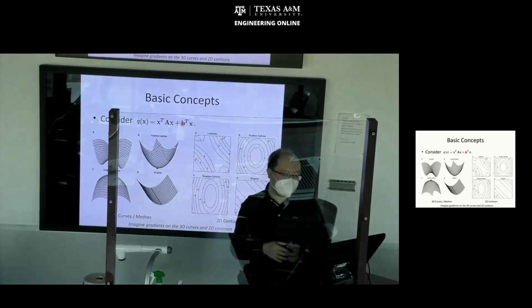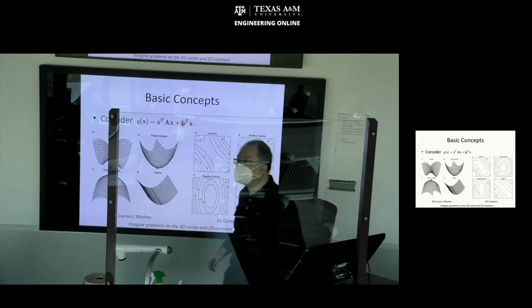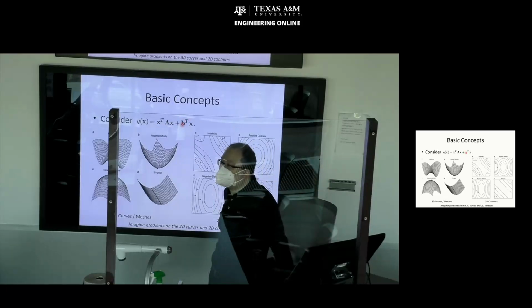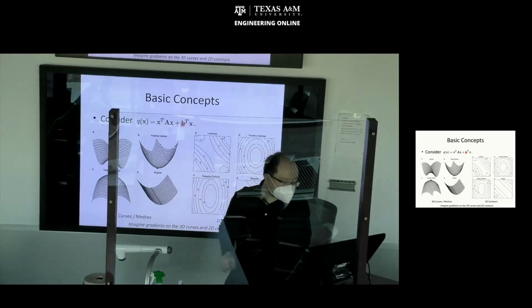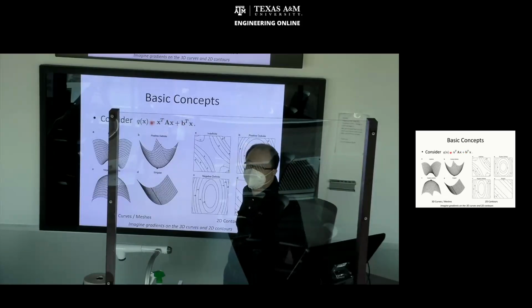Okay, let's look at the simpler problem. If there's no quadratic term, there's only b transpose x. What's the gradient of q of x with regard to x? Just the b, which is a column vector. Now the quadratic term, what's the gradient? 2Ax, is that right?